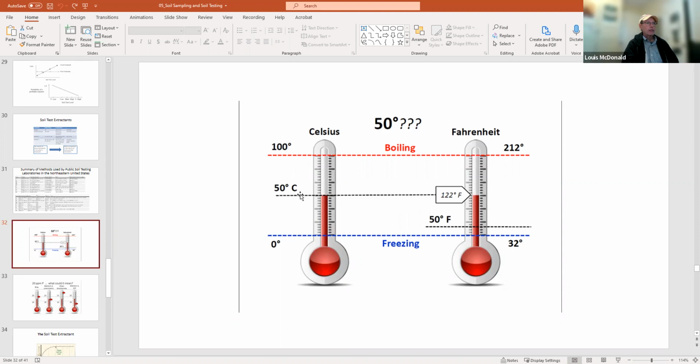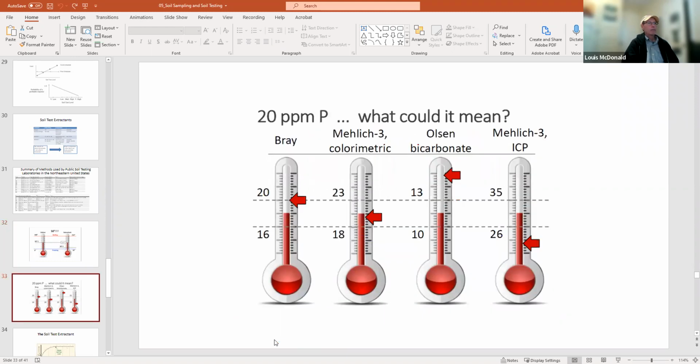Because if your temperature is 50 degrees C, holy smokes, that's a problem. You're dead. But if your temperature is 50 degrees Fahrenheit, well, that's not good, but at least you're not dead. And it's the same way with the different extractants, right?